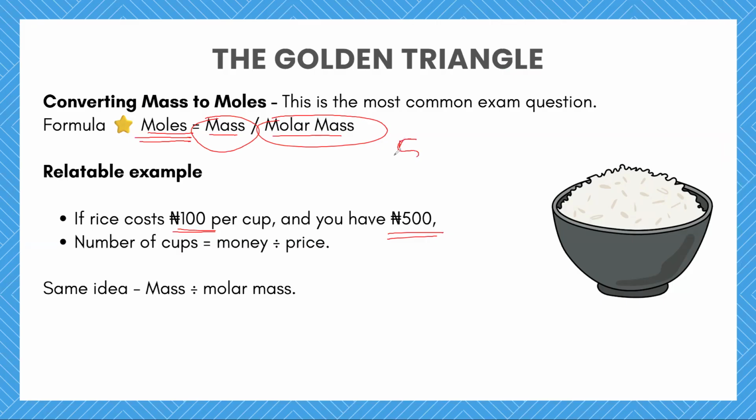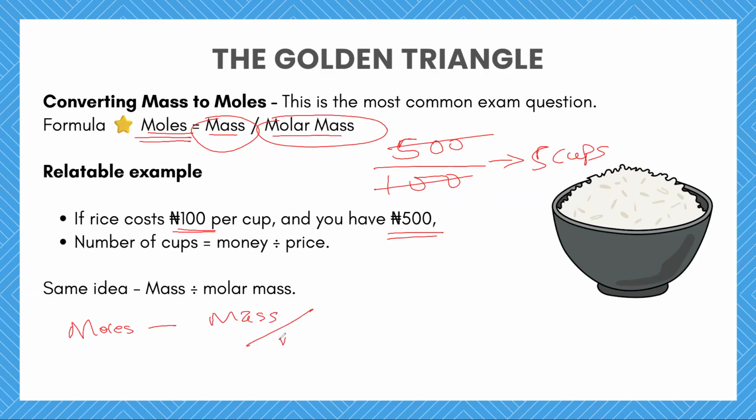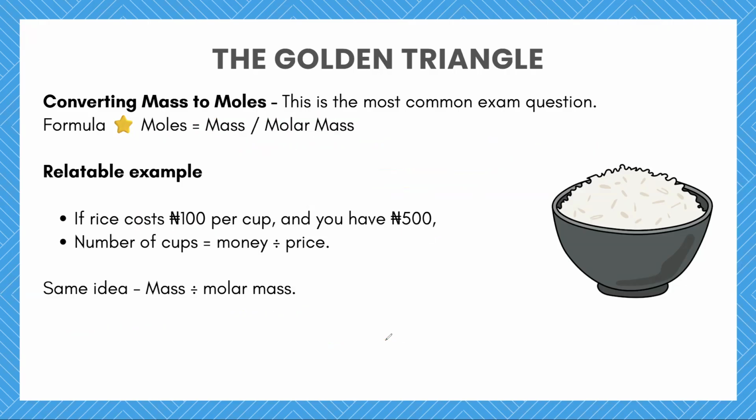You would simply say the money that you have, which is 500, divided by the cost of each cup, which will give you 5 cups that can be bought with your money. In the same way, when you want to calculate the number of moles of a substance, you simply divide the mass by the molar mass. It is as simple as that. It doesn't get simpler than that.